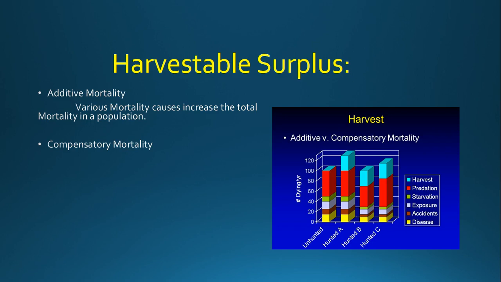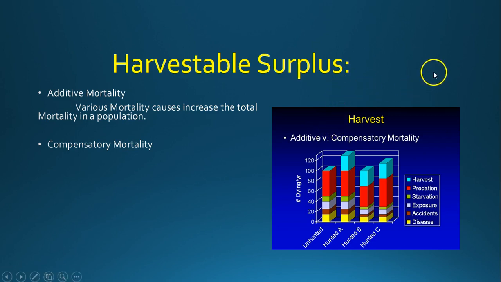If we didn't shoot any, 60% was going to die because of a hard winter or not enough food or getting eaten by predators, all those other reasons that tend to play a role in those prey species populations. So we just compensated for other causes of mortality through hunting.